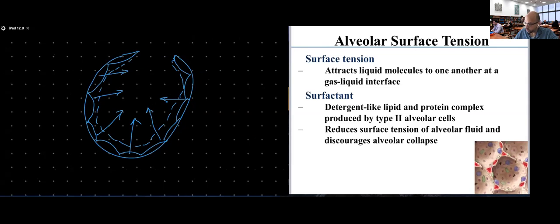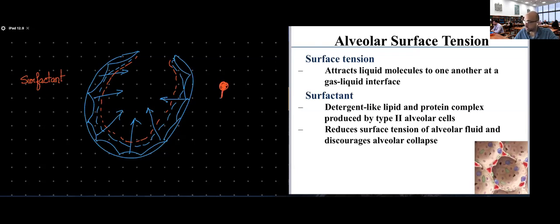This is not an issue because simply you are releasing a detergent-like lipoprotein, which we've called the surfactant, exactly. And the surfactant is gonna have a hydrophilic portion and a hydrophobic portion.